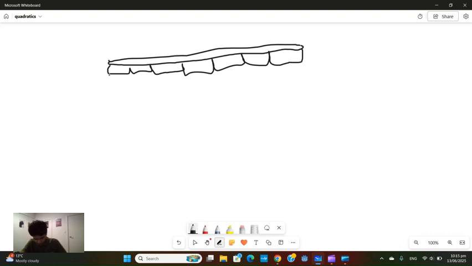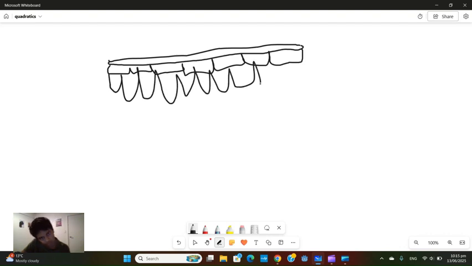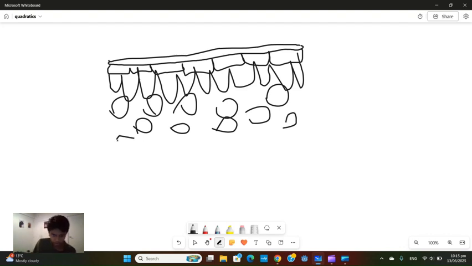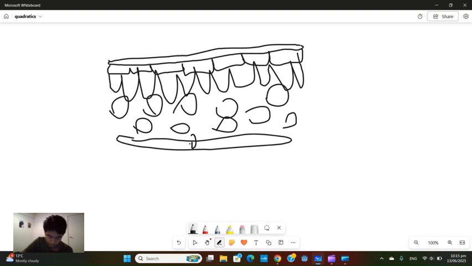And then we have the palisade cells, tightly packed. And then spongy mesophyll. Lower epidermis with stomata.